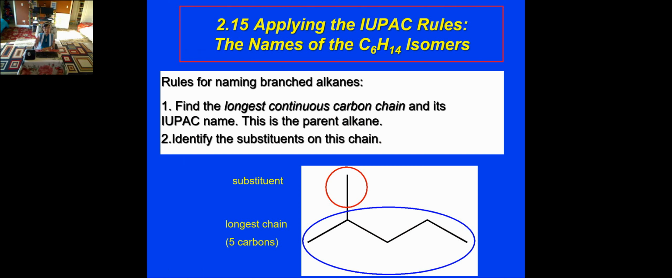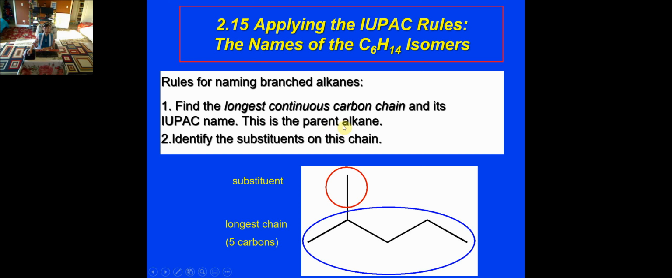So how are we going to apply the IUPAC rules to name the different alkanes? For example, the hexane. Rule number 1: you are going to find the longest continuous carbon chain and name it as the IUPAC name based on the table I showed you above.